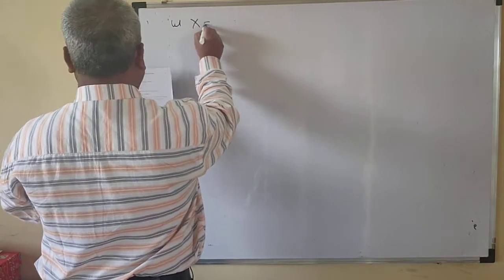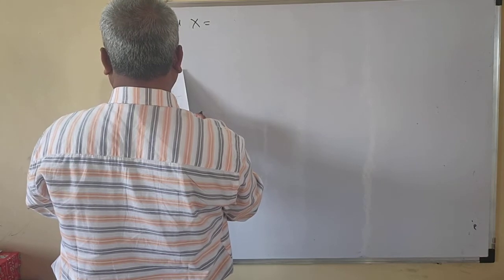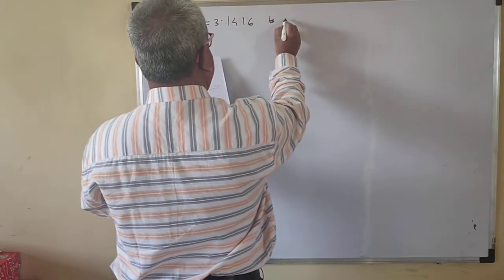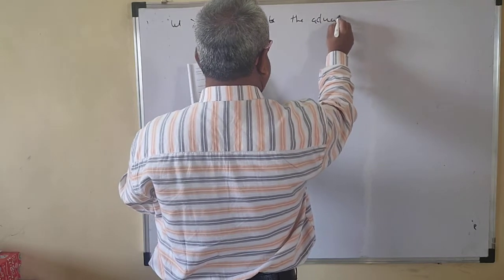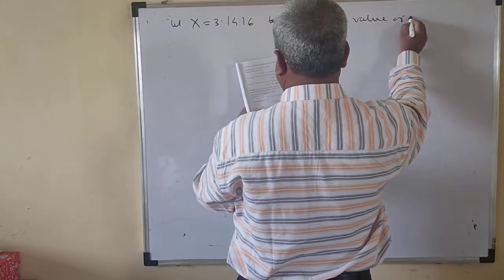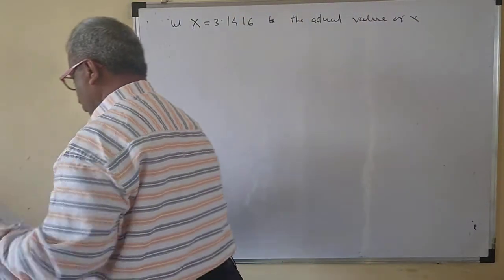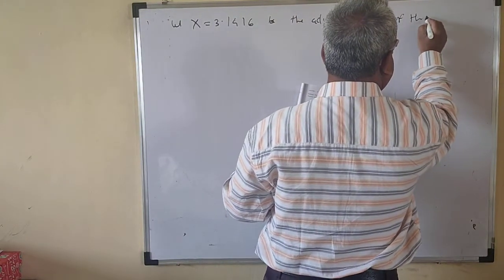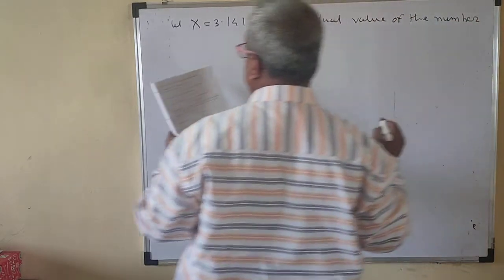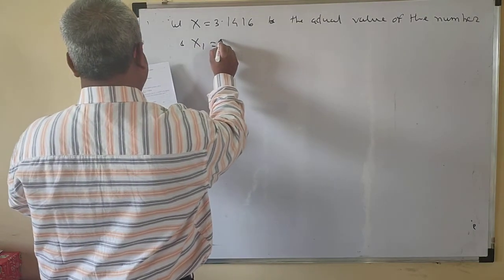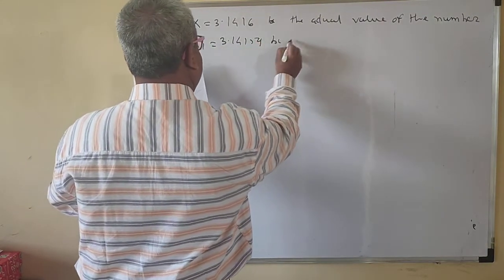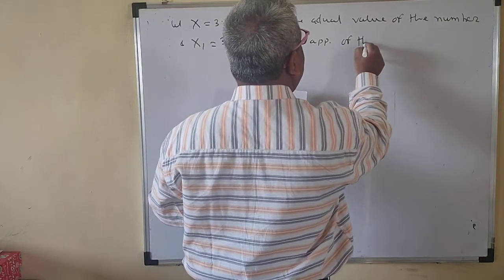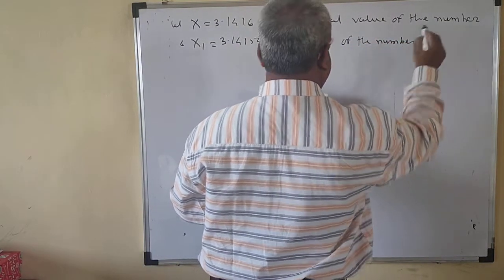Let x be equal to 3.1416, the actual value of the number, and x1 equal to 3.14159 be the approximate value of the number pi, suppose.